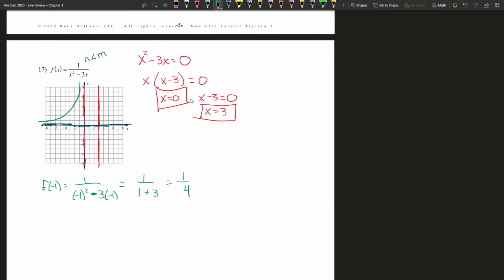Then we need to test in between, so we can test +1.